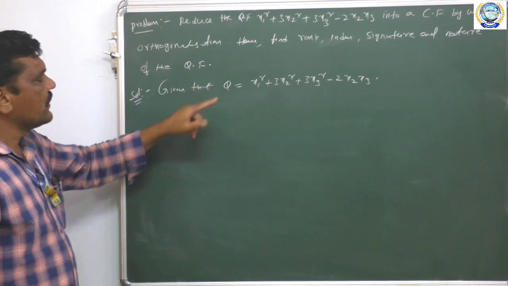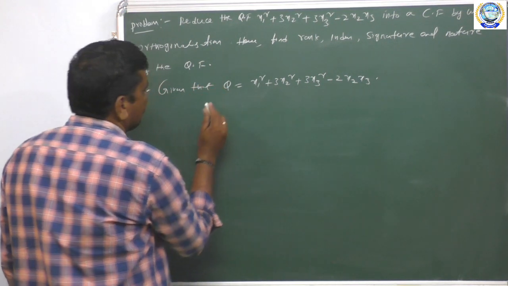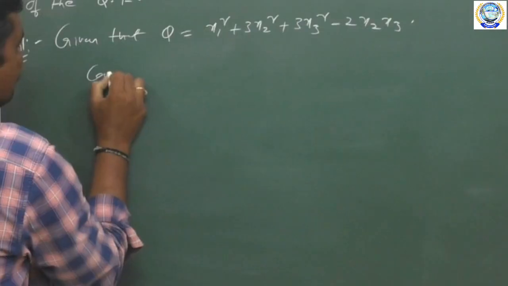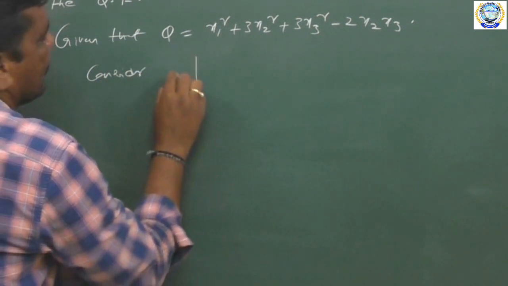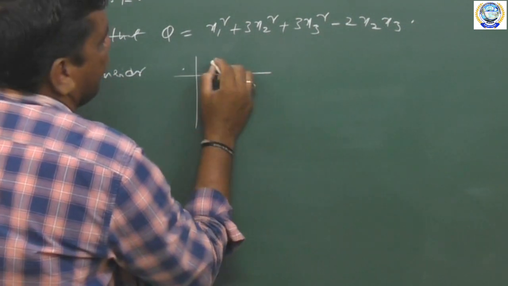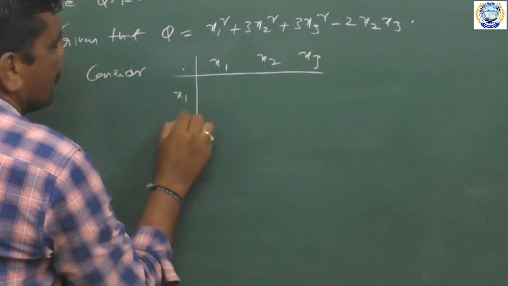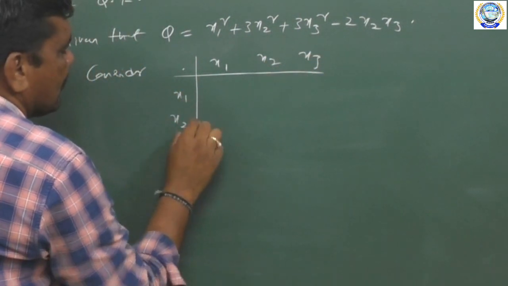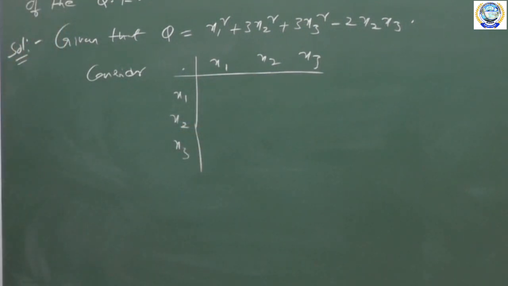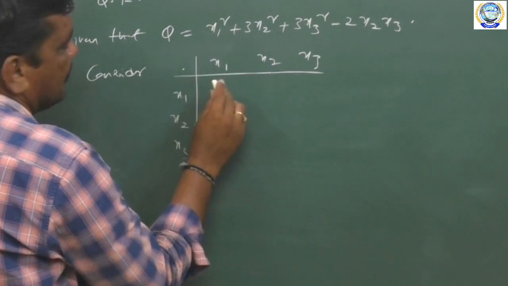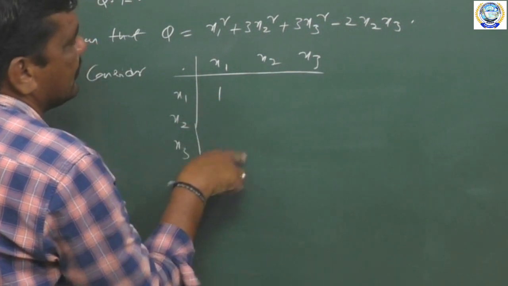First, to find the symmetric matrix of this quadratic form, consider the multiplication table in the variables x1, x2, x3 in Q, mentioned row and column wise. Here we write the coefficient of x1 square, that is 1.